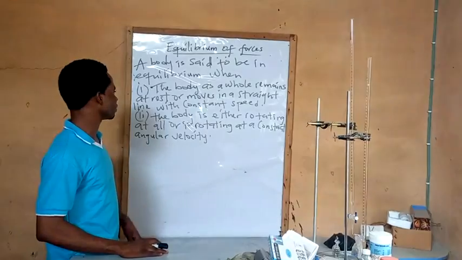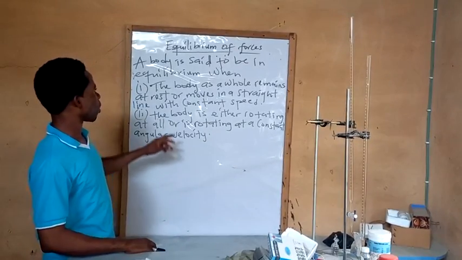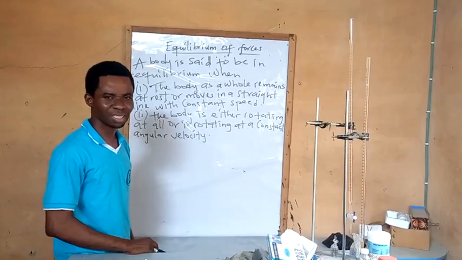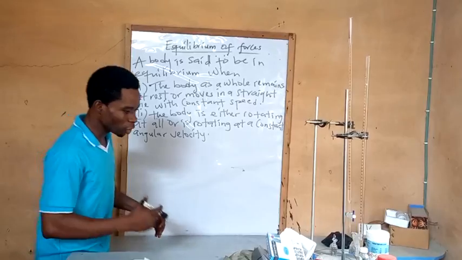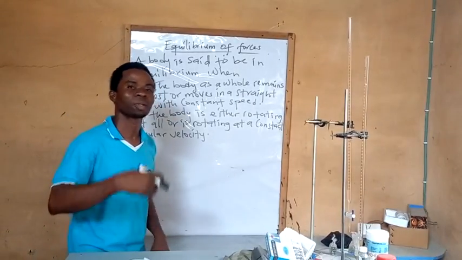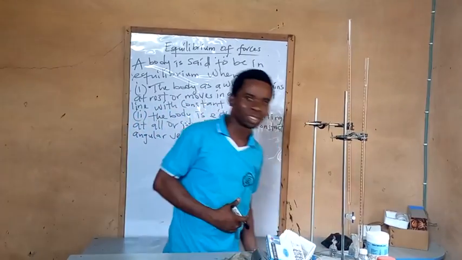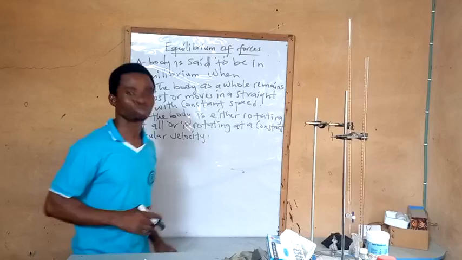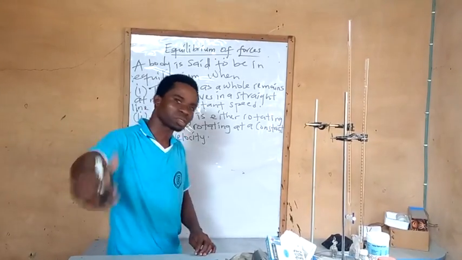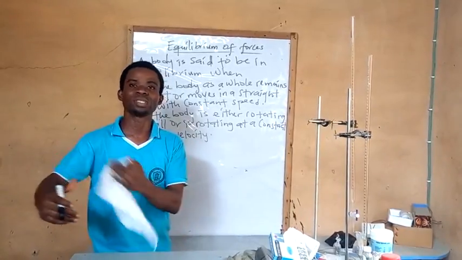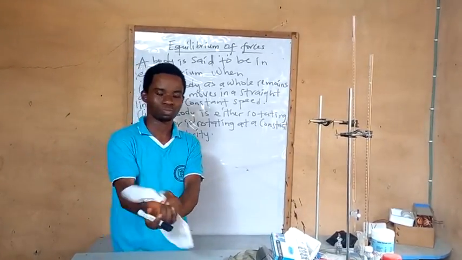When the body remains at rest or moves in a straight line with constant speed, that means even if the body wants to move and you say that body is at equilibrium, that means that body is moving with a constant speed. If it is moving, that will be 2, 4, 6, with a constant speed, that shows that that body is in equilibrium.